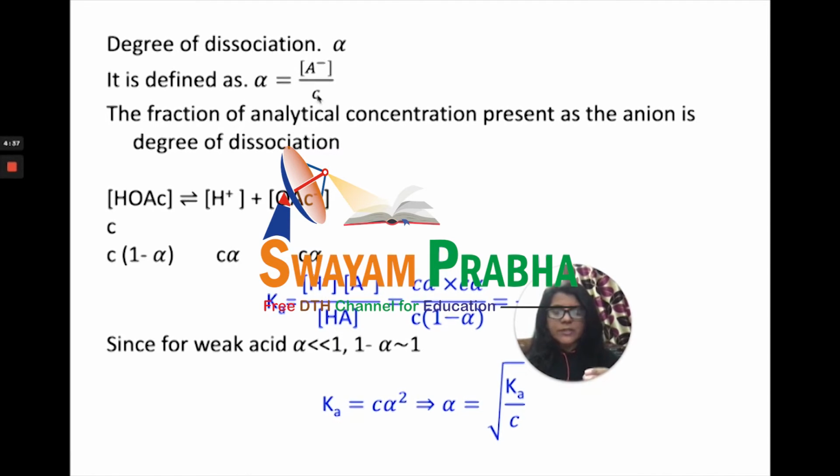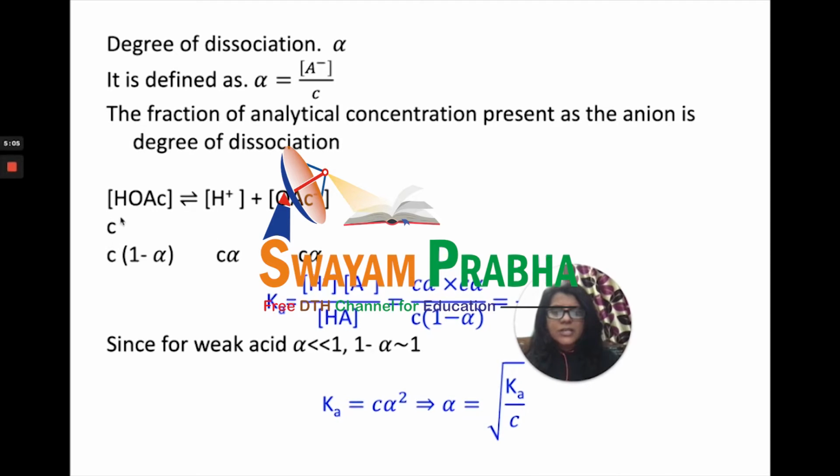I'm repeating, what is it? It is the fraction of the dissociated ions which are present in the solution, or it is the fraction of the analytical concentration which is present in the form of the anion in the solution. Let us take the example of acetic acid. So HOAc is written for acetic acid. Now this ionizes as H plus ions and acetate ions.